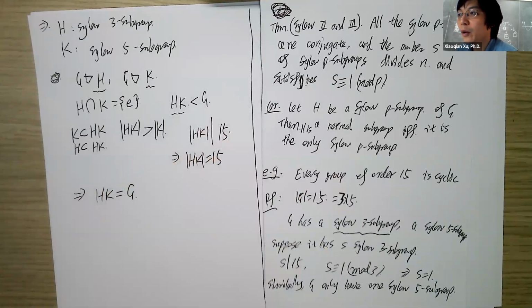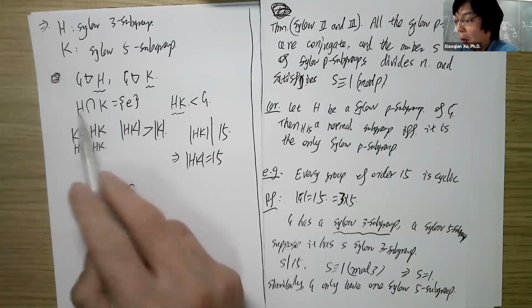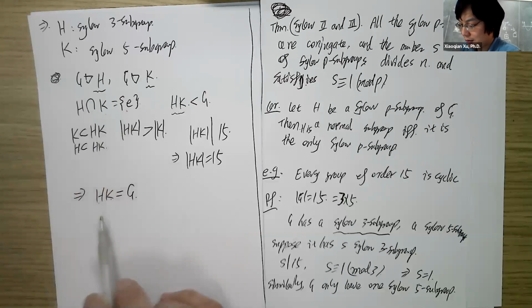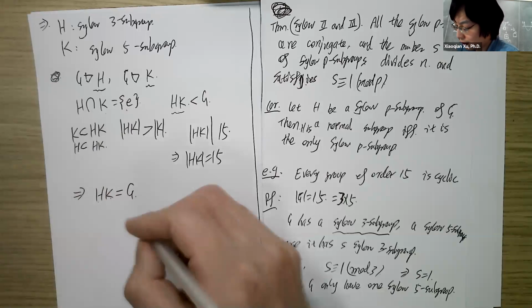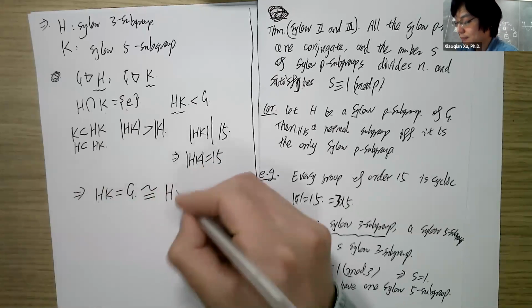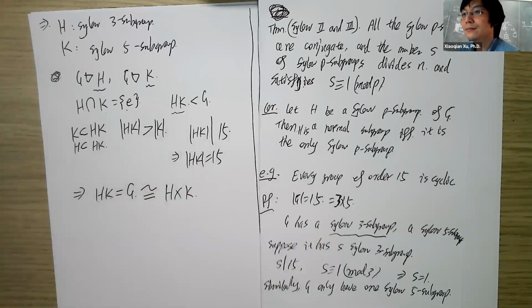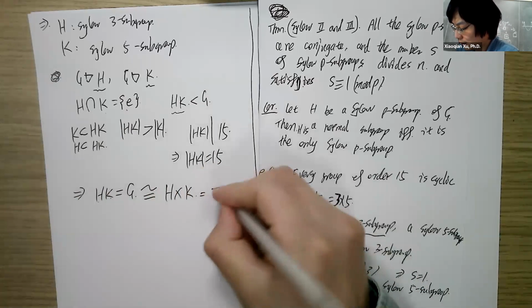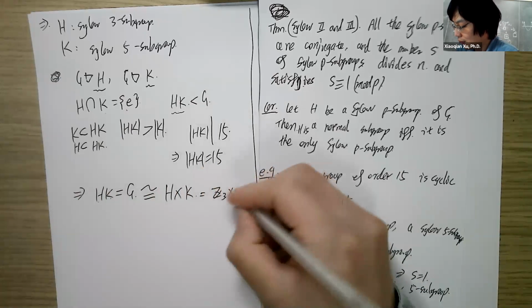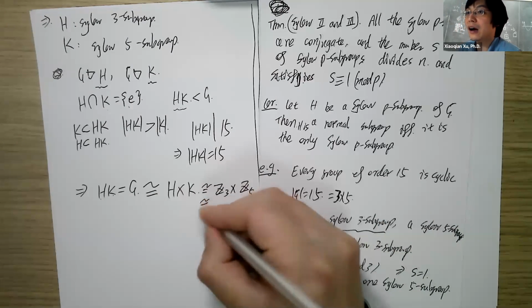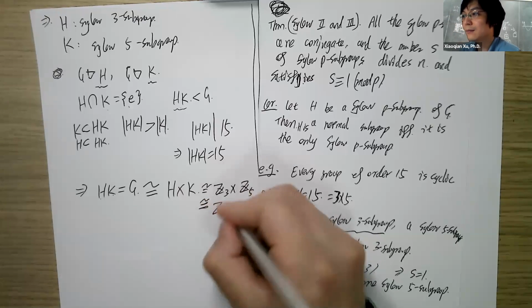Okay, then we can quote the theorem we have learned before. H and K are both normal subgroups, the intersection is only the identity, and the product is equal to G, then that means G is isomorphic to H cross K, which is Z3 cross Z5, which is isomorphic to Z15.